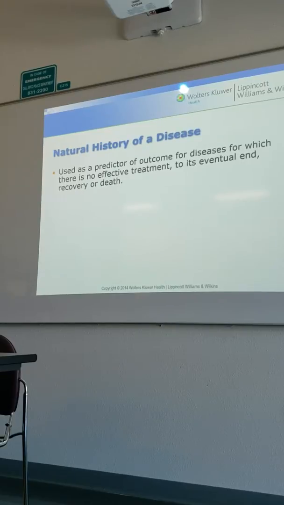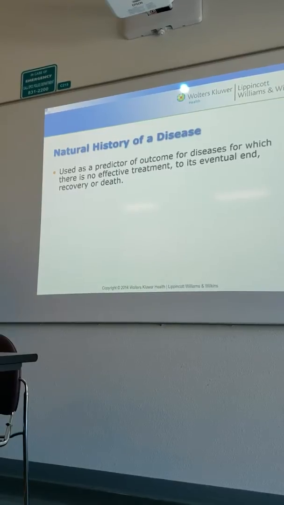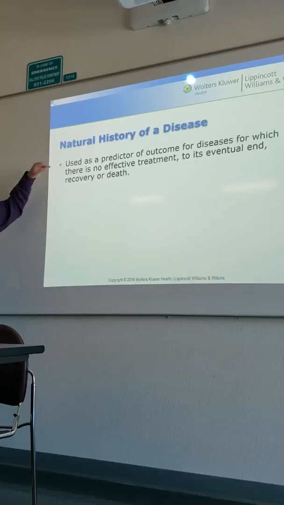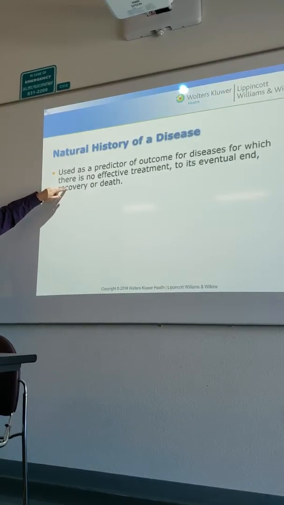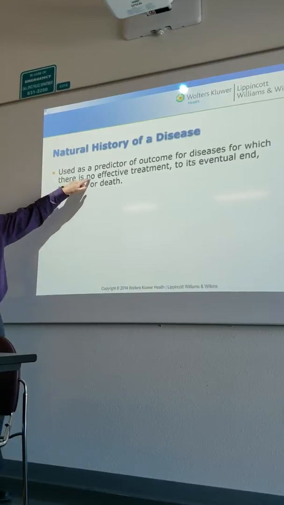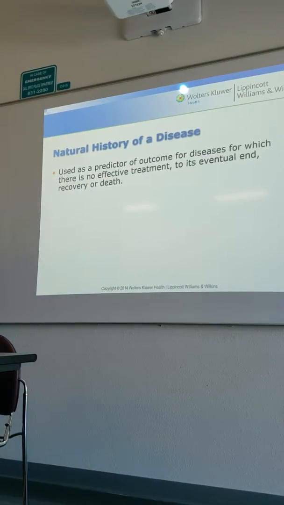All right, so natural history of disease is used as a predictor of outcome of a disease for which there is no effective treatment. And I added this right here, if you're printing out stuff. I don't like "no effective treatment" because it's really just with no treatment.